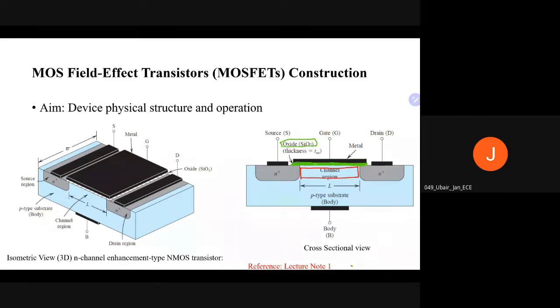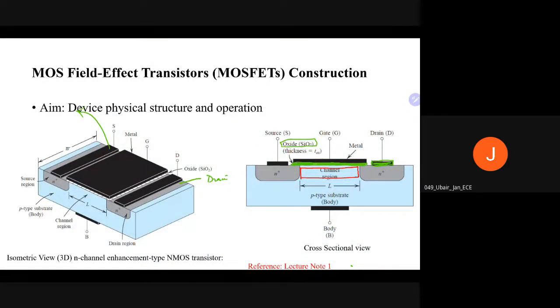तो जो ये isometric view है on the left hand side, you can see that this is drain and this is source terminal. अब source and drain पे भी black areas हैं. ये black areas metal contacts हैं ताकि ये source के साथ या drain के साथ electrically contact हो जाएं और बाहर इसके connections आ जाएं.